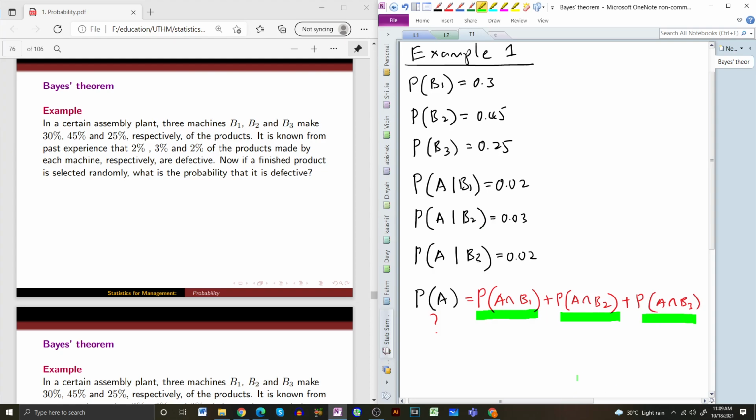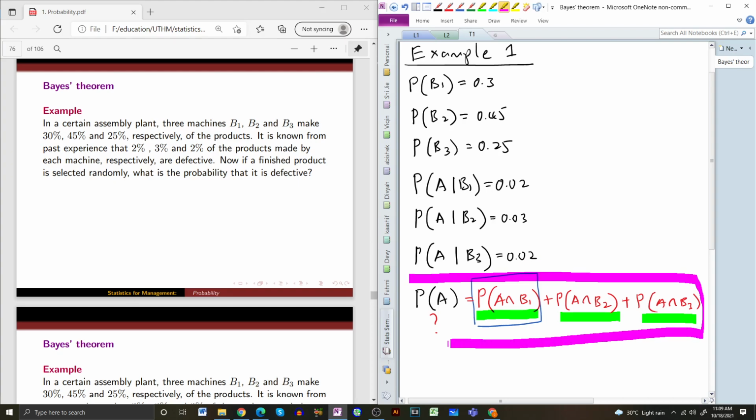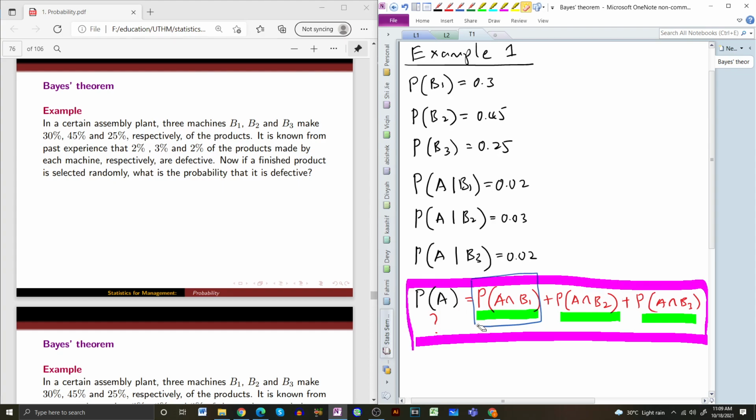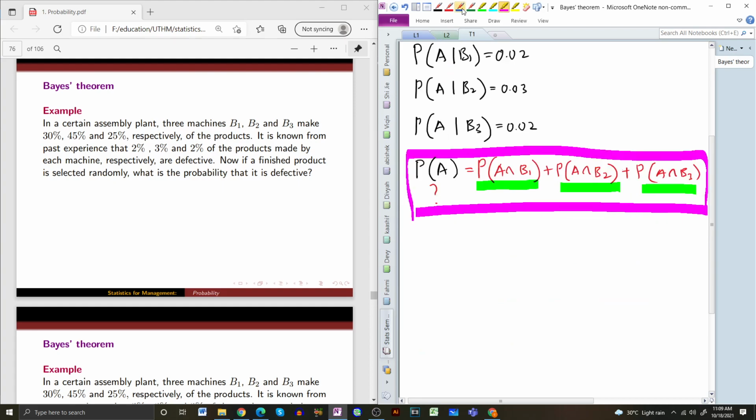But then how to find this one, let me show you. Now how am I going to find this one?